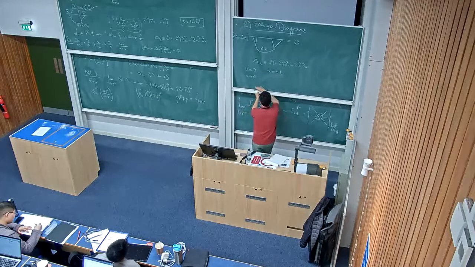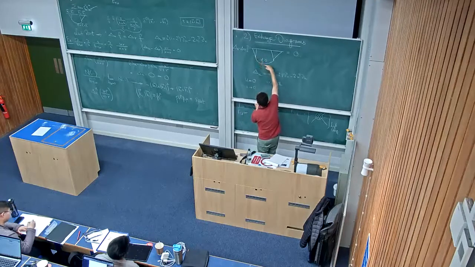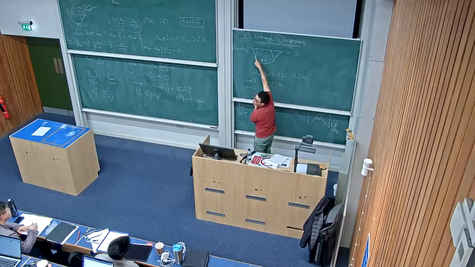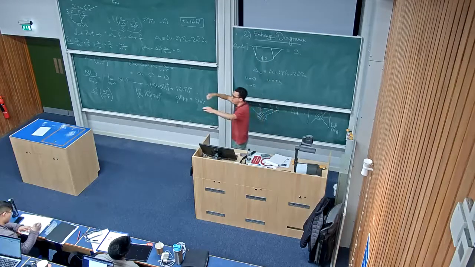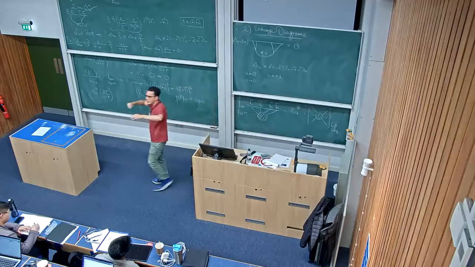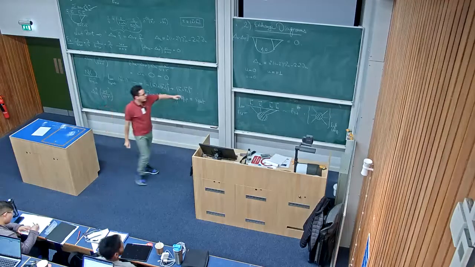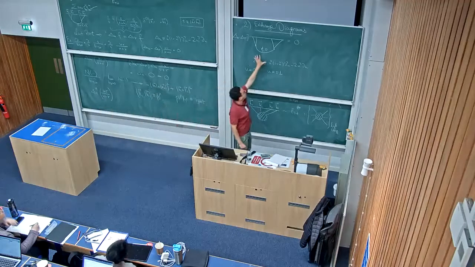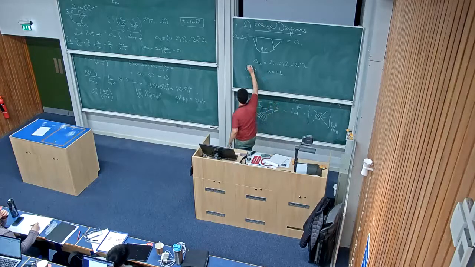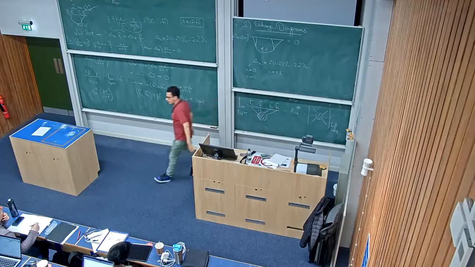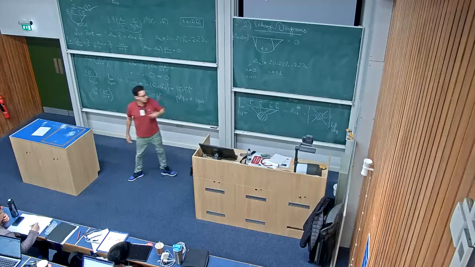So when S goes to 0, it means that you're giving very low momentum for the exchanged particle. So then you're allowing it to travel very long distances, okay? So this is the limit in which you should see particle production explicitly. So this is a singularity that is desirable. It should be there in the diagram, okay?